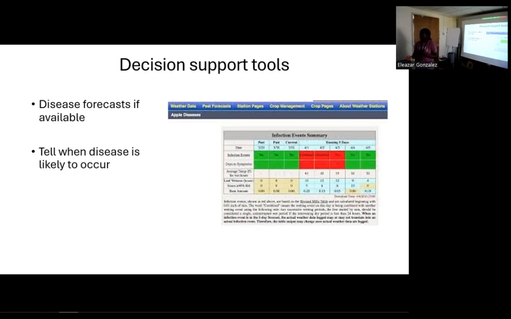For example, here it's been rainy in the past few days, it's humid, and they will say, the weather has been so and so, we might expect this disease. So if you're someone who sprays chemicals, this is the time to put in your preventative fungicide for this disease. So then when the spores come, they won't get sick. That's why these decision support tools exist. They just forecast or tell when a disease is likely to occur so that you're prepared when it comes and it doesn't get you by surprise, in short.